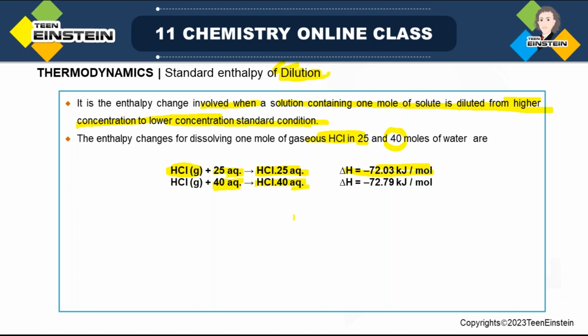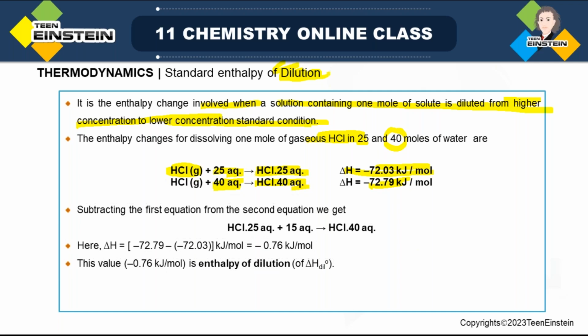Now it is a dilute solution obviously, but not like before. This is also dilution, but try to understand the difference between these two. In the first case you have added 25 moles of water, but now you have added 40 moles of water. And the enthalpy change value, though it is very close, still there is some difference. So these are the ΔH values for these two processes.